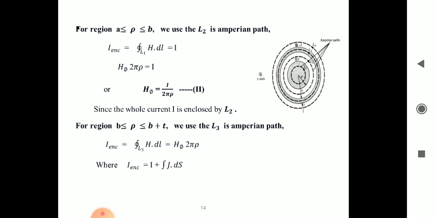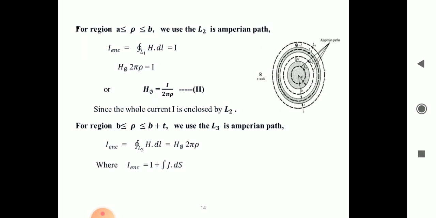For the next region, rho from a to b, we use L2 as the Amperean path. Then I enclosed is equal to the integral over L2 of H dot dl, which is equal to I. H phi times 2 pi rho is equal to I. Therefore H phi is equal to I by 2 pi rho, since the whole current I is enclosed by L2.